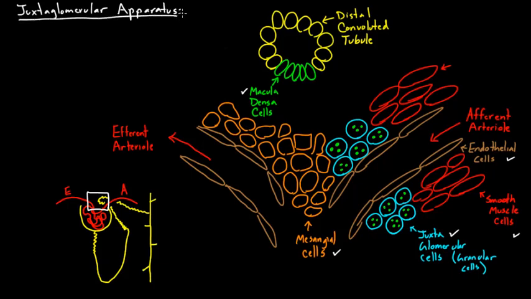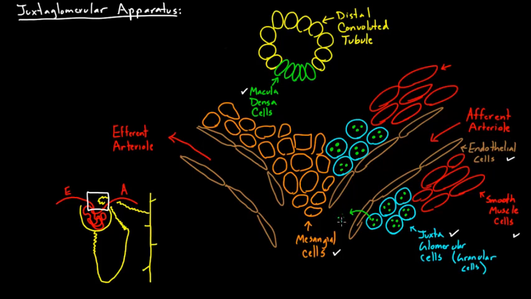So juxtaglomerular apparatus. And the key here is remembering that the goal of the juxtaglomerular apparatus is to release renin. So think about where renin is. Now I mentioned these little granules, and these are each going to be loaded with renin.